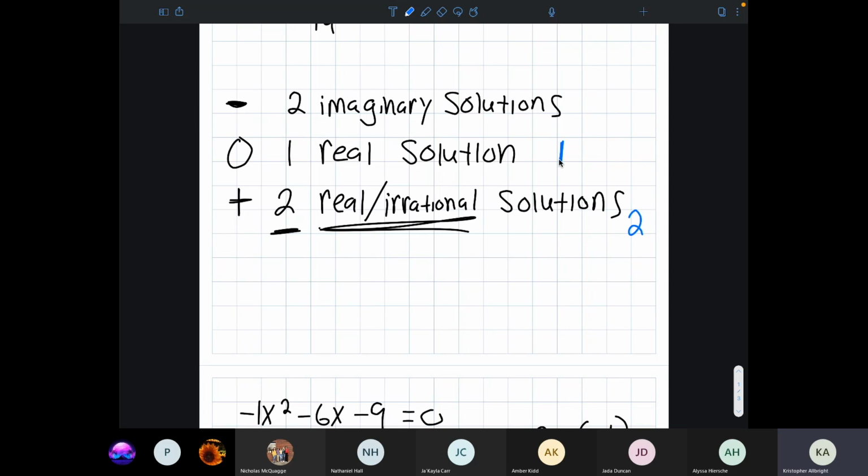If it equals 0, you have 1 x-intercept. And if it is less than 0, you have no x-intercepts. So this can also be written as no real solutions, because imaginary and real are opposite. So if you have 2 imaginary solutions, you don't have any real solutions.